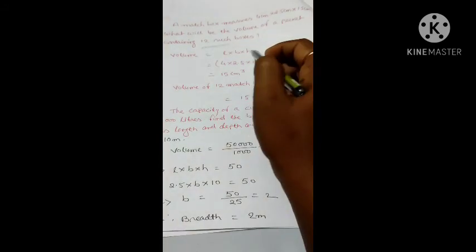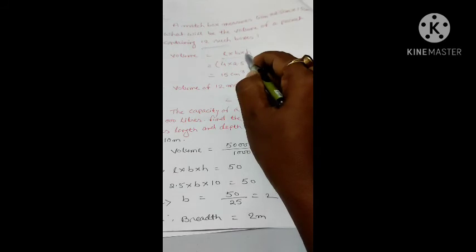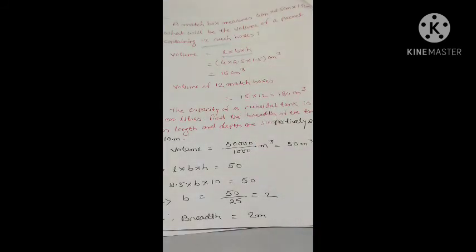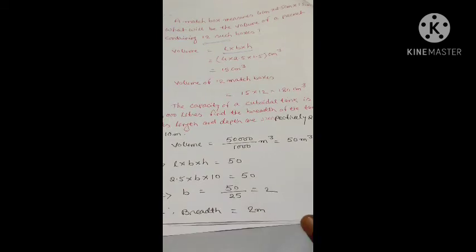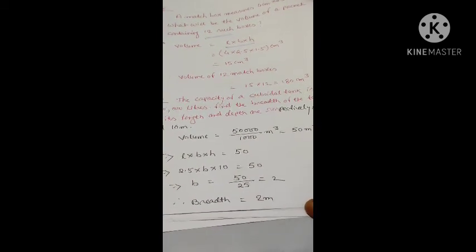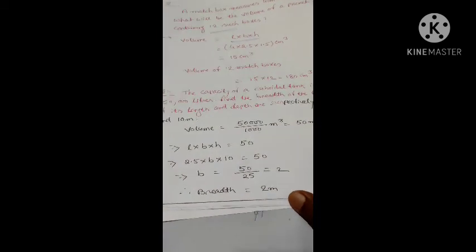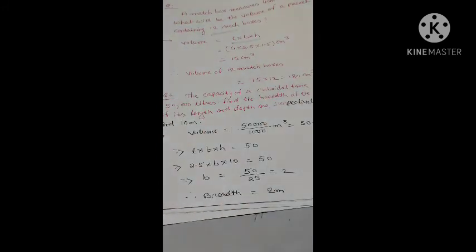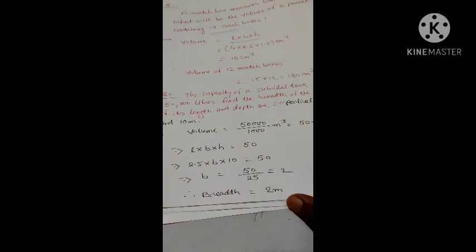So we have to remember that to find the volume, we multiply length into breadth into height. Sometimes volume may be given and, out of length, breadth, height, two are given and we have to find the third unknown. Here is one such sum. Here volume is given as 50,000 liter. We have to remember that if the volume is given in liter and other units are given in meter, we have to convert the volume into meter cube.